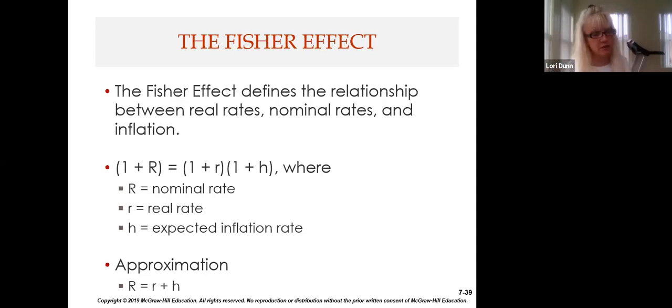Well, now we can only buy 22 pizzas. So this rate of return is 10% because you can only buy 20 pizzas at the beginning, 22 at the end. So from an inflation perspective, your rate of return is 10%.